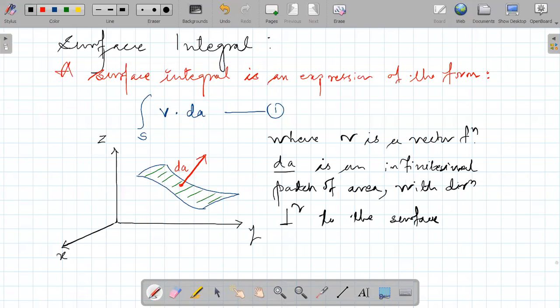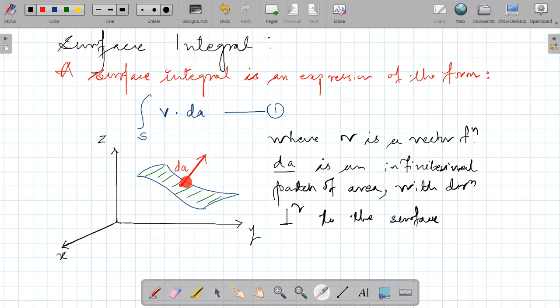See, this is the entire surface, and take a small part with area dA, and this is the perpendicular. This is the patch. Take a small surface element, a small patch of area, and a direction which is perpendicular to the surface.